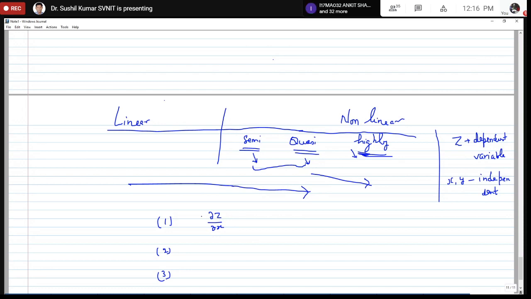So del z over del x plus, in the simple case, del z over del y plus z square equal to f of x, y. This is the free term. If it's 0, then the equation will be homogeneous. So in this case, is this equation linear or non-linear?